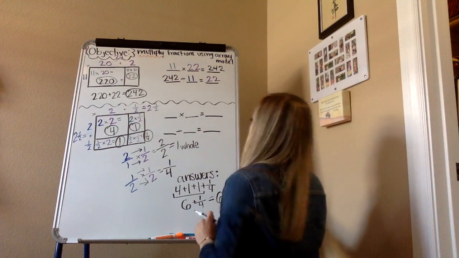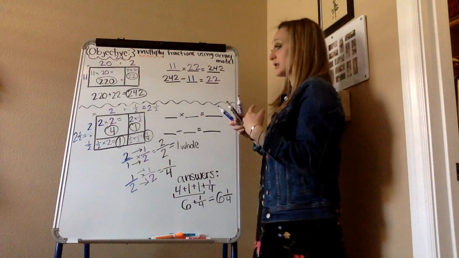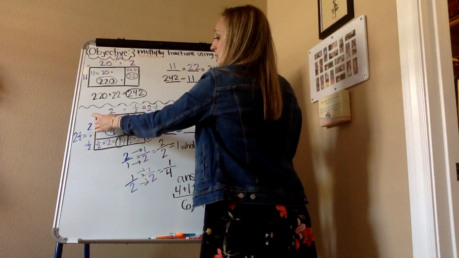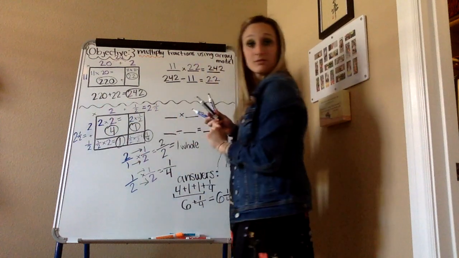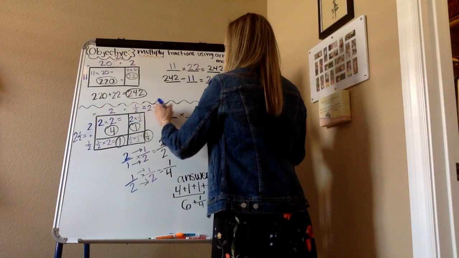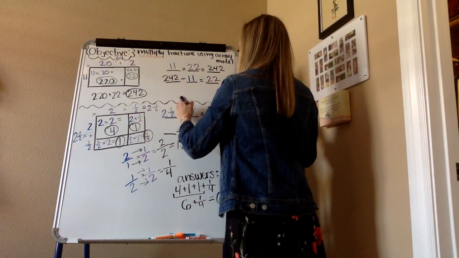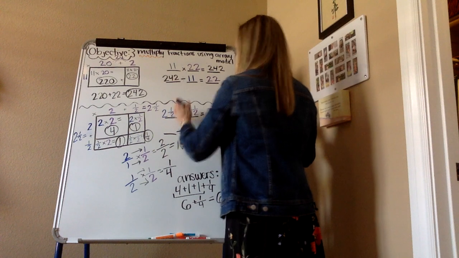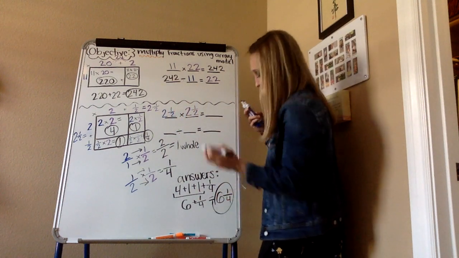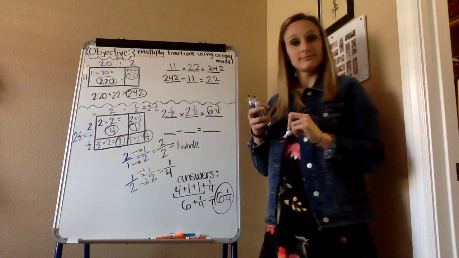Okay? Now it's time to fill in the math that we just did. Originally we started with 2 1/2 times 2 1/2. So that's what I write in. 2 1/2 times 2 1/2 equals my answer down here, 6 and 1/4.